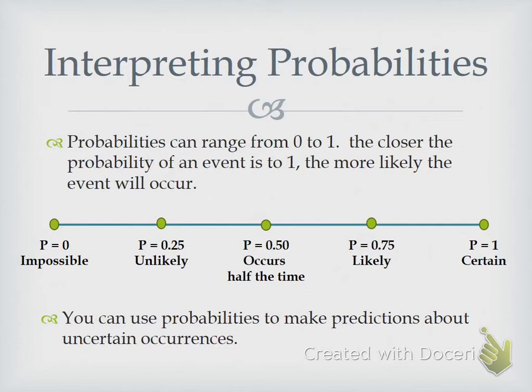However, if we are irresponsible, the probability shifts in the other direction, correct? All right, so we can use this spectrum to determine whether or not a risk is worth taking. All right, so this just kind of helps us. You don't have to write this down, but we use probabilities to make predictions about what is going to happen. Okay? I can't know for sure, but I can use probability to help me make those decisions.